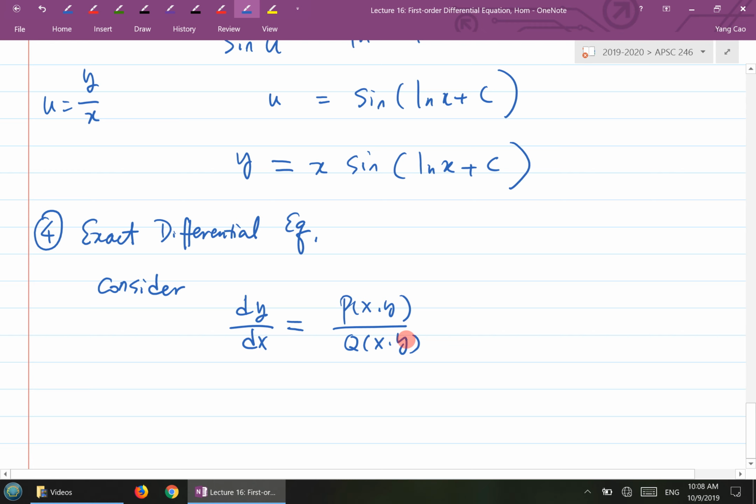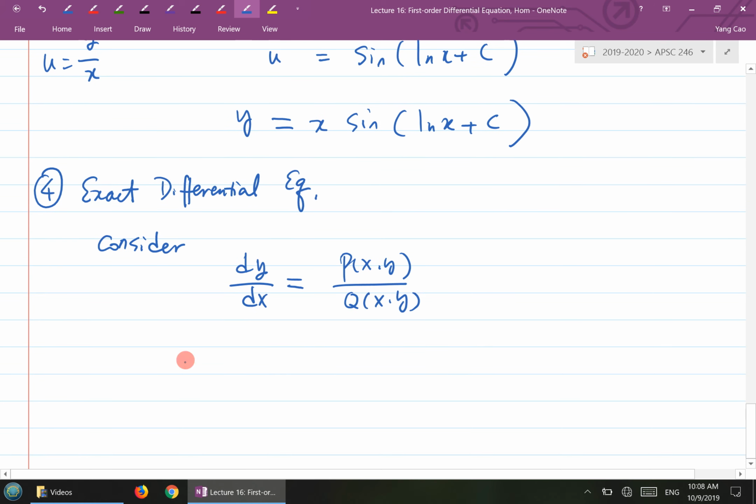So let's say you have this one here, and then you can rewrite this into, actually, sorry, I need a negative sign here. Just put a negative sign for my ease of writing. Into p(x,y) times dx, and then plus q(x,y) times dy. So you can write it into this format.